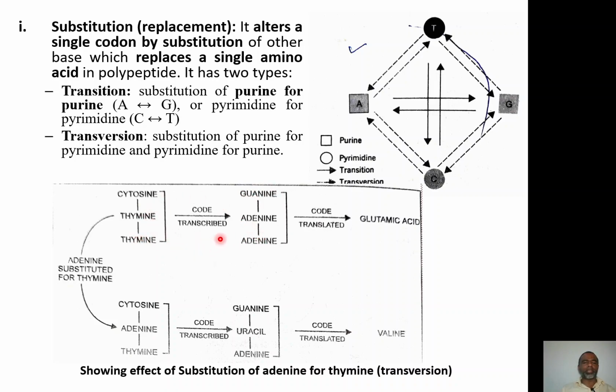This is the normal case, and the guanine, adenine, adenine of the messenger RNA will make up the amino acid glutamic acid.